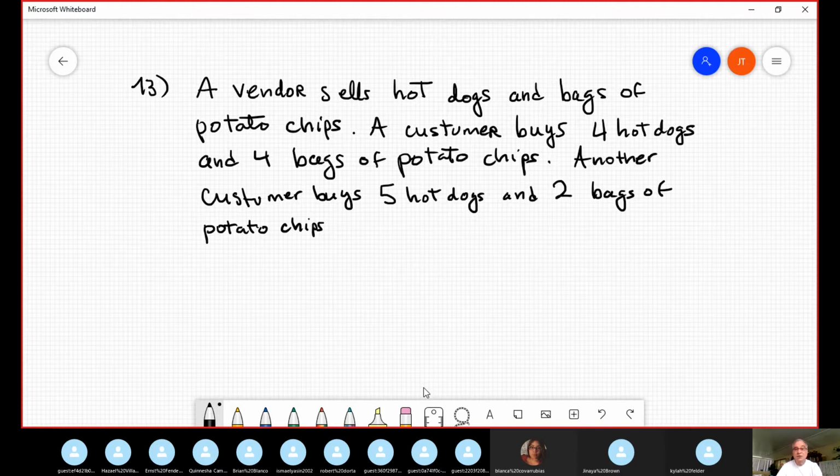I forgot to say something. I forgot to give the money for the first customer. Okay. The money spent was, customer 1, $8. And customer 2 was $7.75.